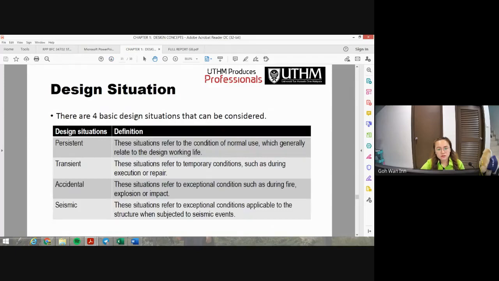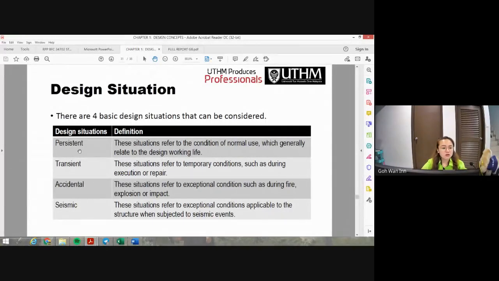There are 4 basic design situations that can be considered: persistent, transient, accidental, and seismic. These 4 design situations are different. Persistent refers to the condition of normal use, which is generally related to the design working life.